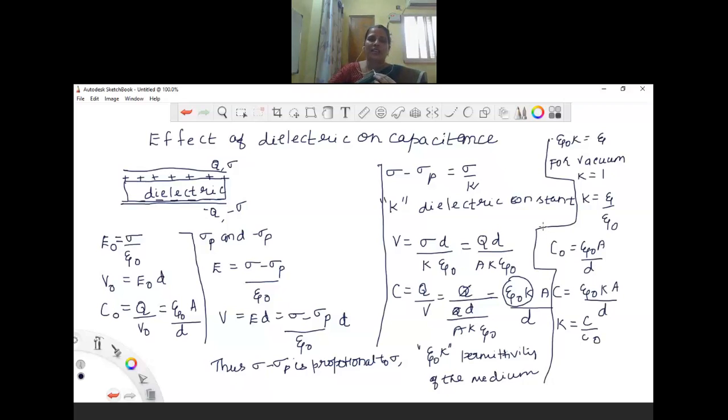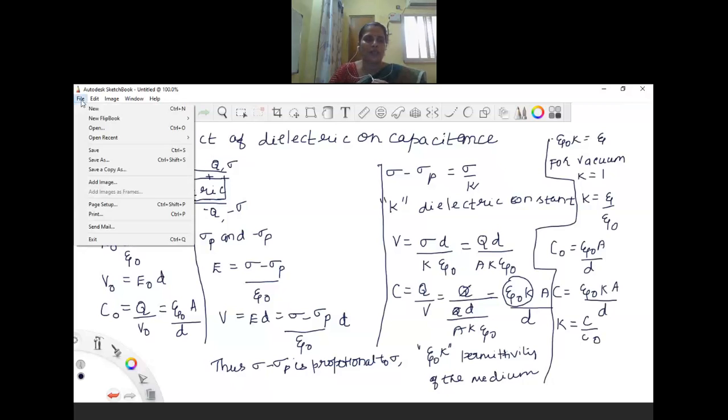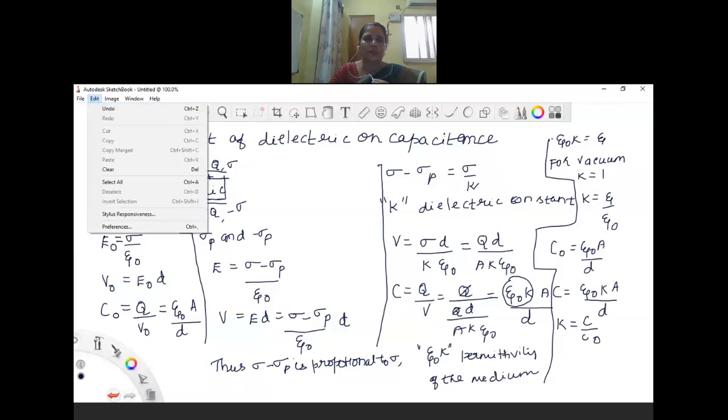This is the effect of dielectric on capacitance. Hope all of you understood this topic. So what will happen when we introduce the dielectric between the two parallel plates? Yes, the capacitance of the capacitor will increase.